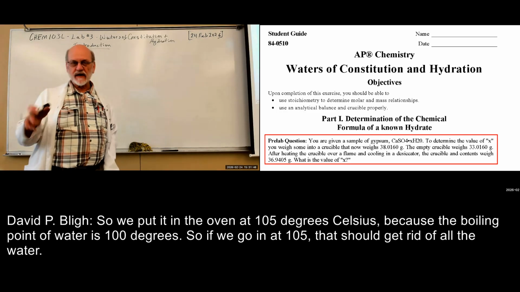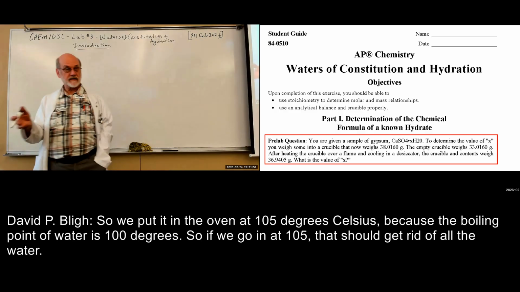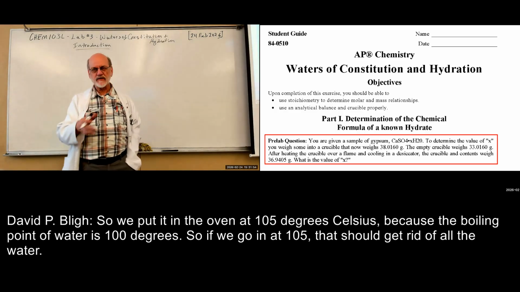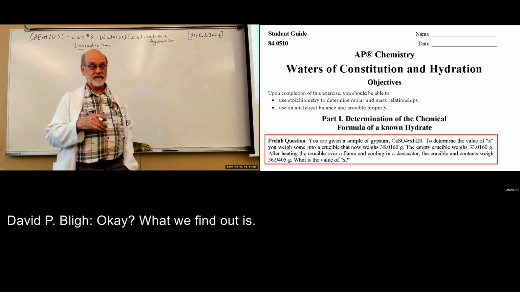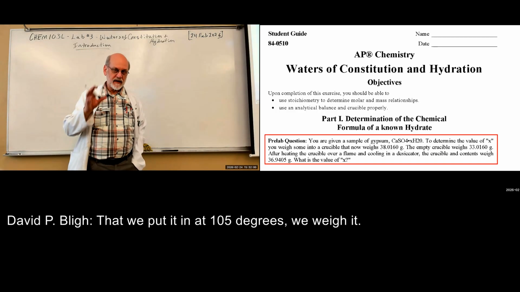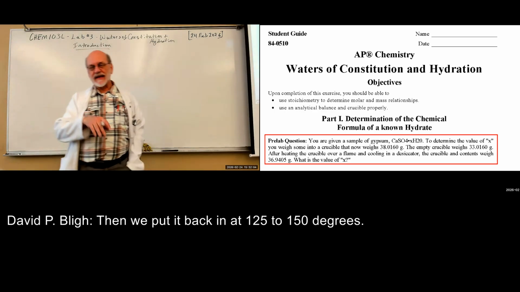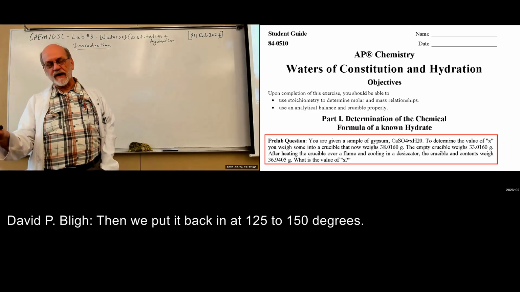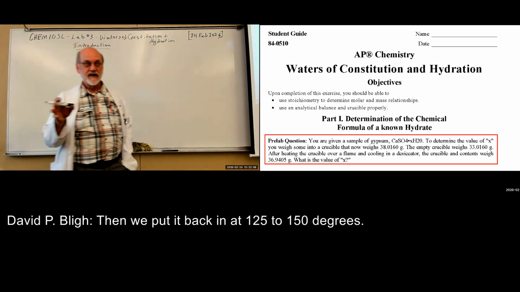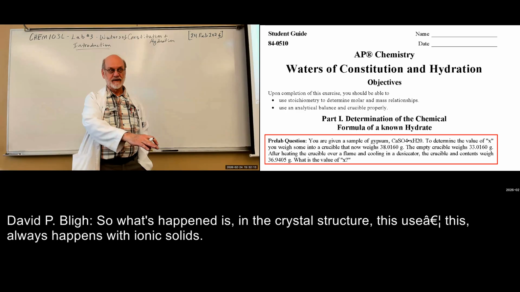So we put it in the oven at 105 degrees Celsius because the boiling point of water is 100 degrees. So if we go in at 105, that should get rid of all the water. What we find out is that we put it in at 105 degrees, we weigh it, then we put it back in at 125 to 150 degrees, weigh it again, and the weight drops even further.